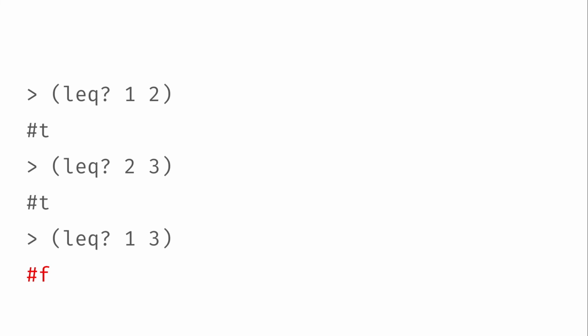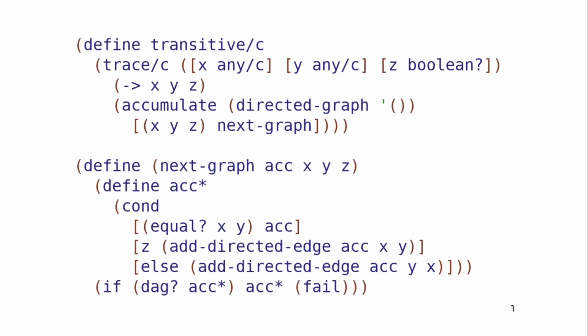So how do we do this? Well, we can't typically do this with the ordinary contract system. We need something a little bit special, and we can use trace contracts in order to do this. Here is basically all the code that you would need to do this. What you do is take a look at all the inputs and outputs, and accumulate a directed graph of these things.